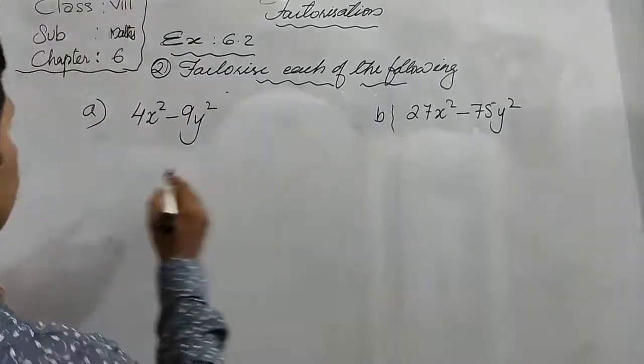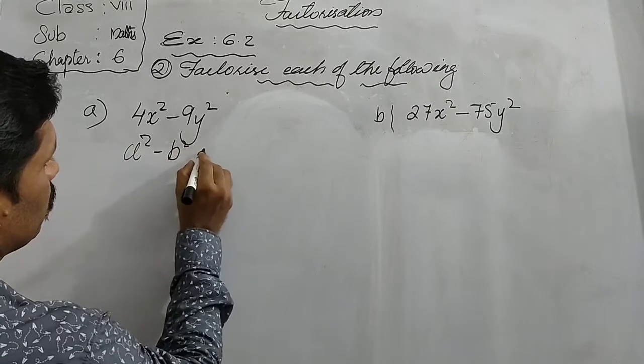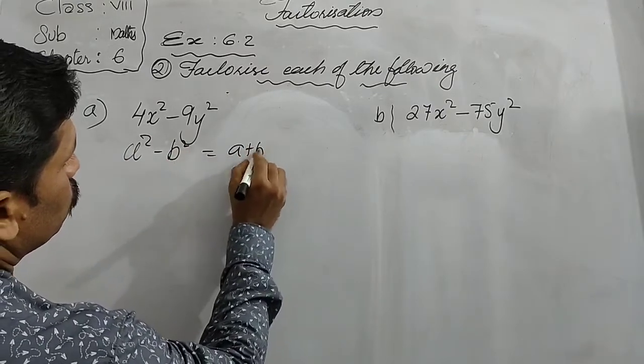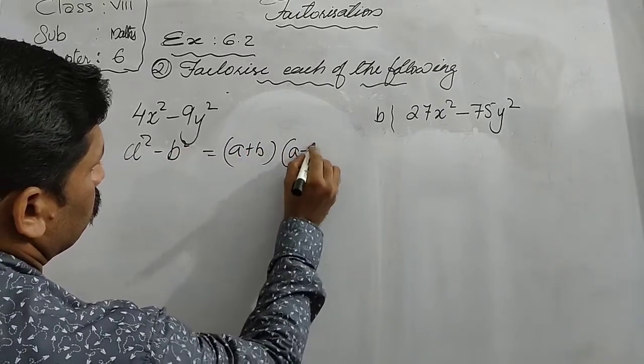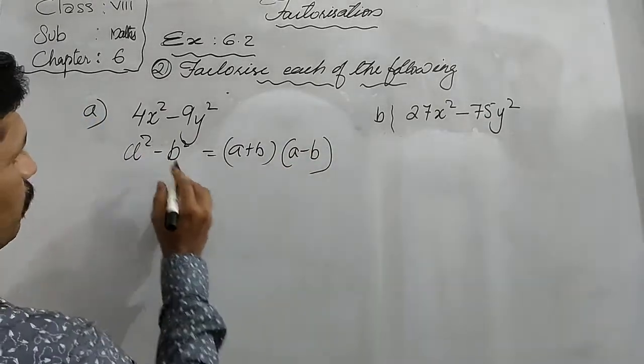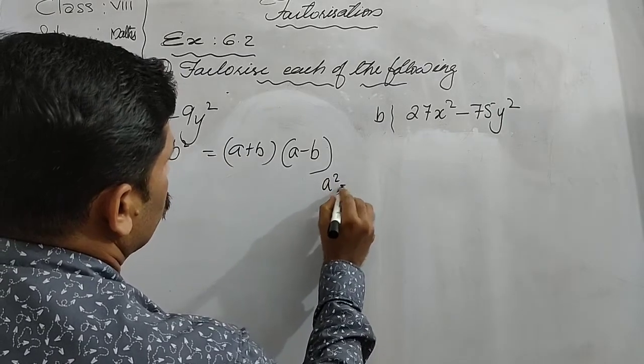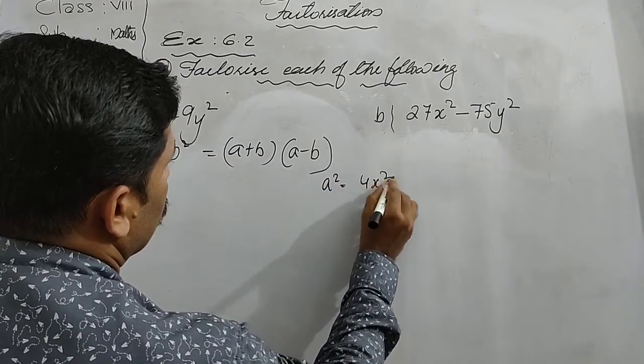So first the identity to be used is a square minus b square is equal to a plus b into a minus b. This is the identity, and here a square means 4x square. So we write a square is equal to 4x square.